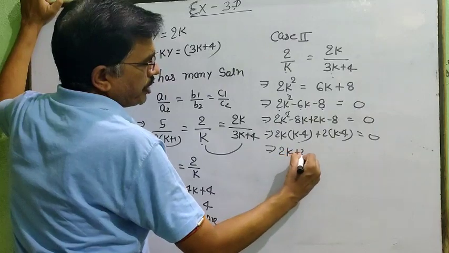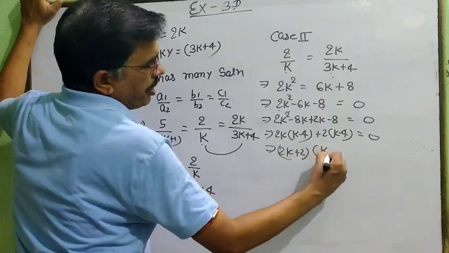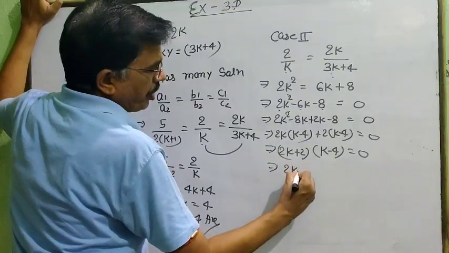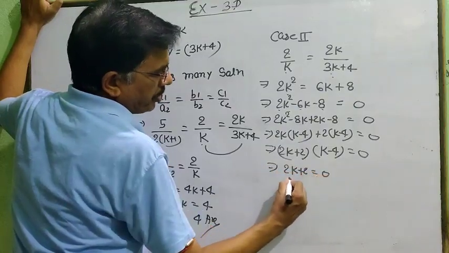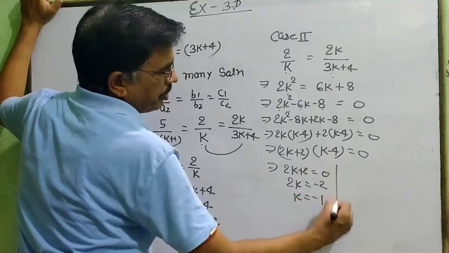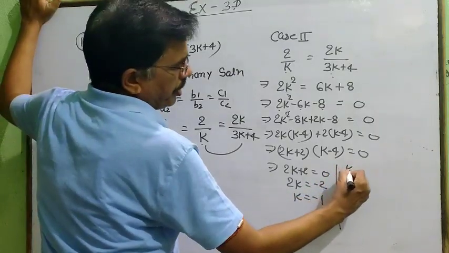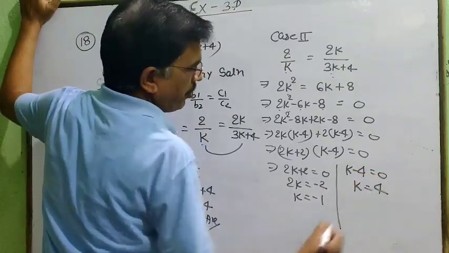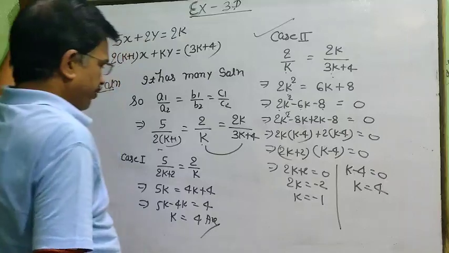Hence (2k plus 2)(k minus 4) is equal to 0. So 2k plus 2 is equal to 0, then 2k is equal to minus 2, then k is equal to minus 1. Next, k minus 4 is equal to 0, hence k is equal to 4. It is the case second.